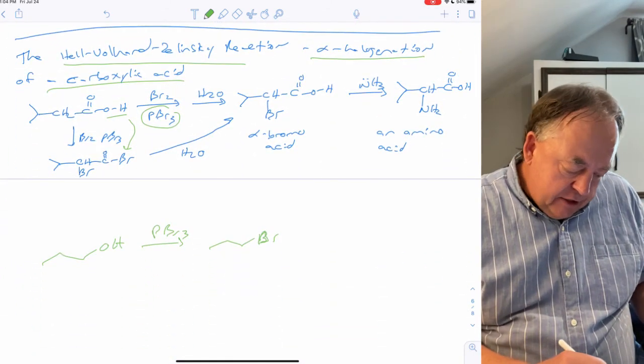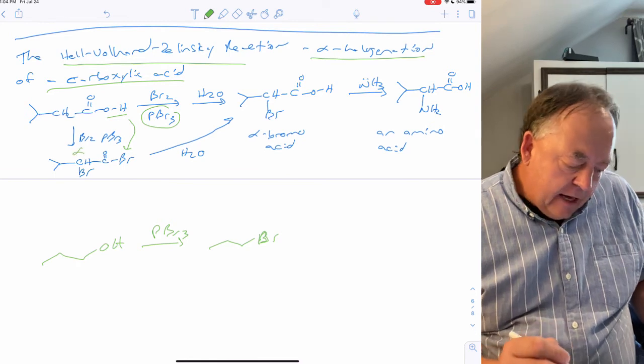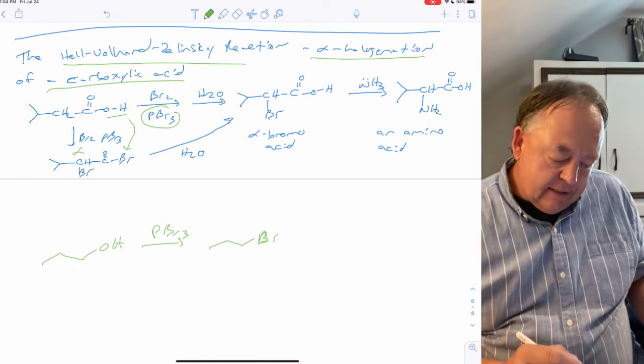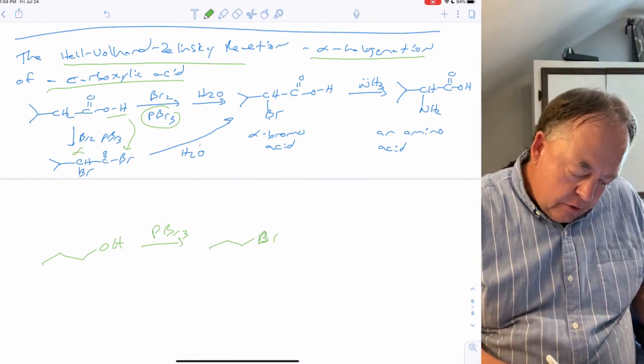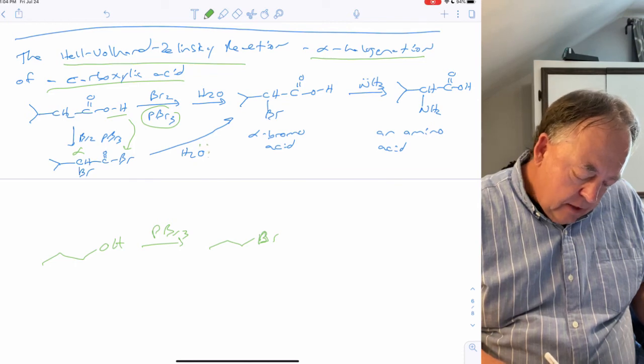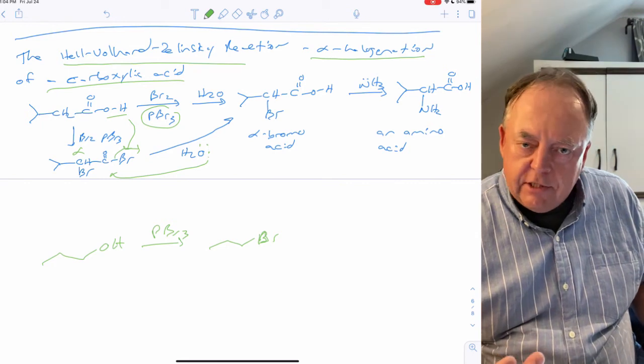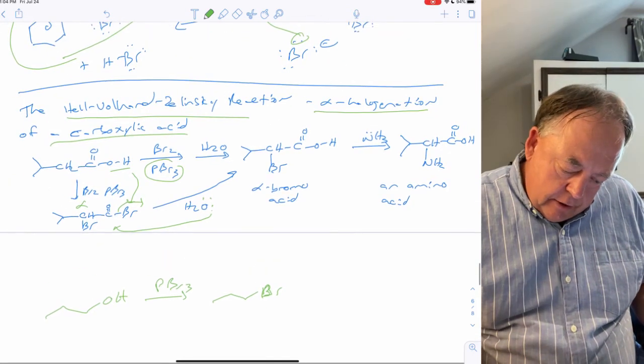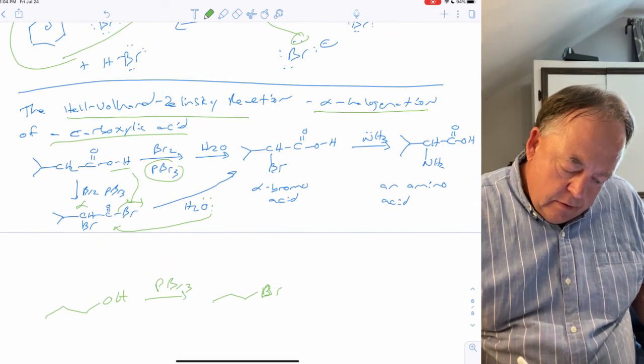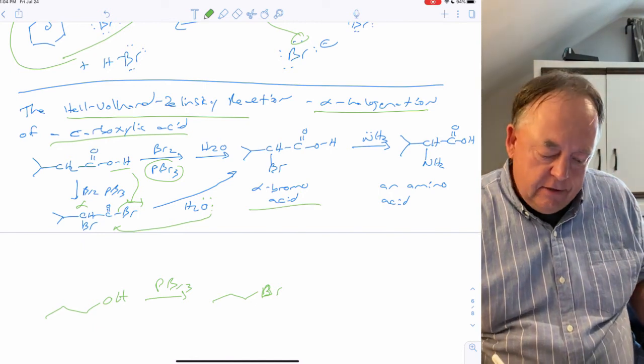So after that reaction, now you've done alpha halogenation of the carboxylic acid, and then with the water, you would react that with water, and that's just going to hydrolyze the acid bromide, similar to an acid chloride. So now you have the alpha bromo carboxylic acid.